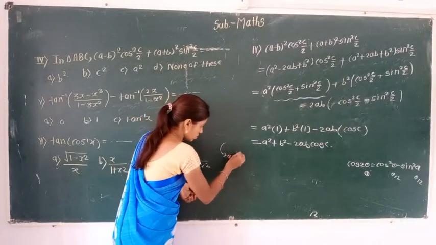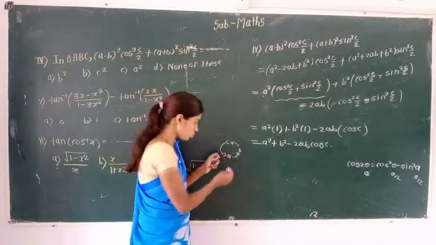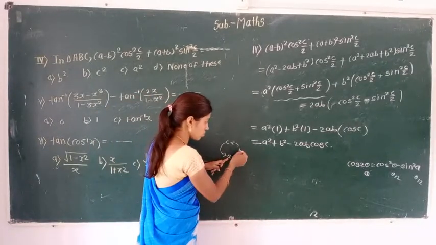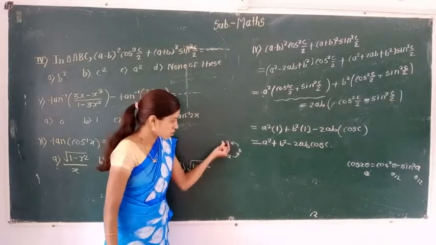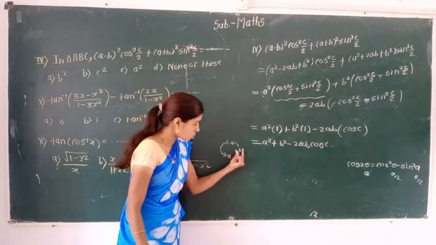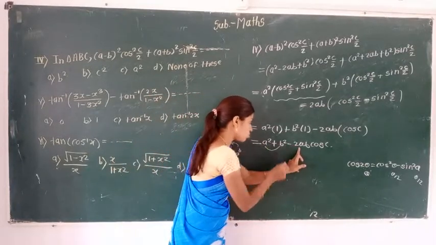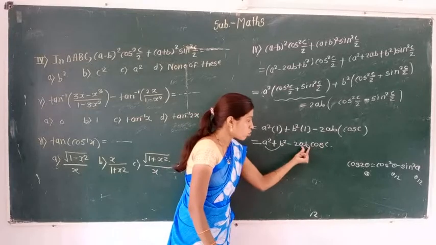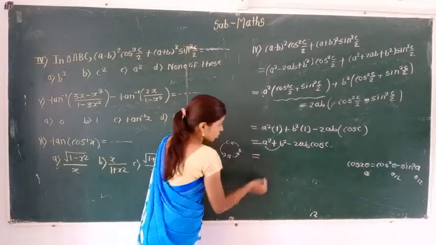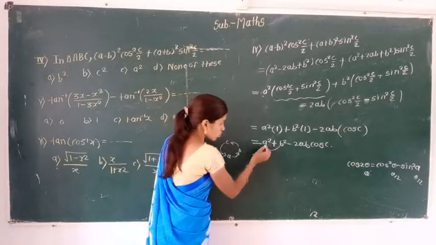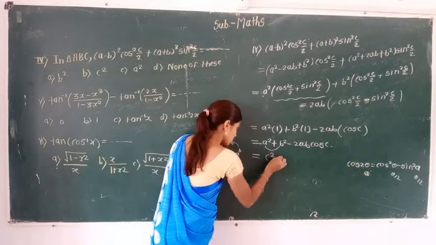See here, in triangle ABC, by using this cycle, we know that c square equals a square plus b square minus 2 times the product of these two sides into the cosine of the included angle C. So by using the cosine rule, the value of a square plus b square minus 2ab cos C is c square.